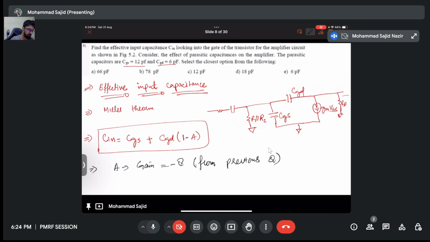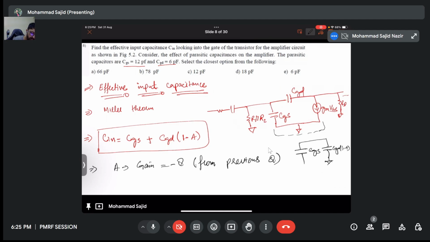Now the values of CGS and CGD are given. We can calculate this C input. Just remember that if I convert this into the effective capacitance, it will be CGS in parallel with CGD multiplied by (1 minus A).